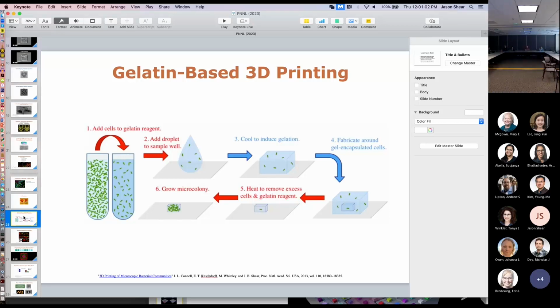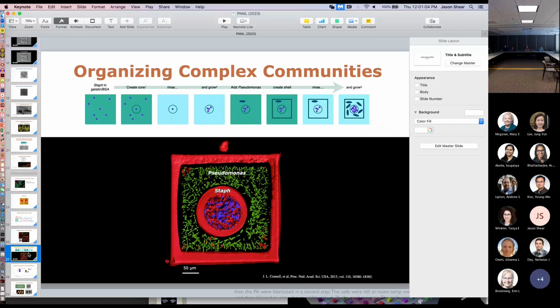If we do that in a sequence of steps, for example, where we start with Staphylococcus, we can trap Staphylococcus in a core. We can allow it to grow a little bit, because it grows a little slowly. We can then add in gelatin reagent that has Pseudomonas and fabricate another box around that.